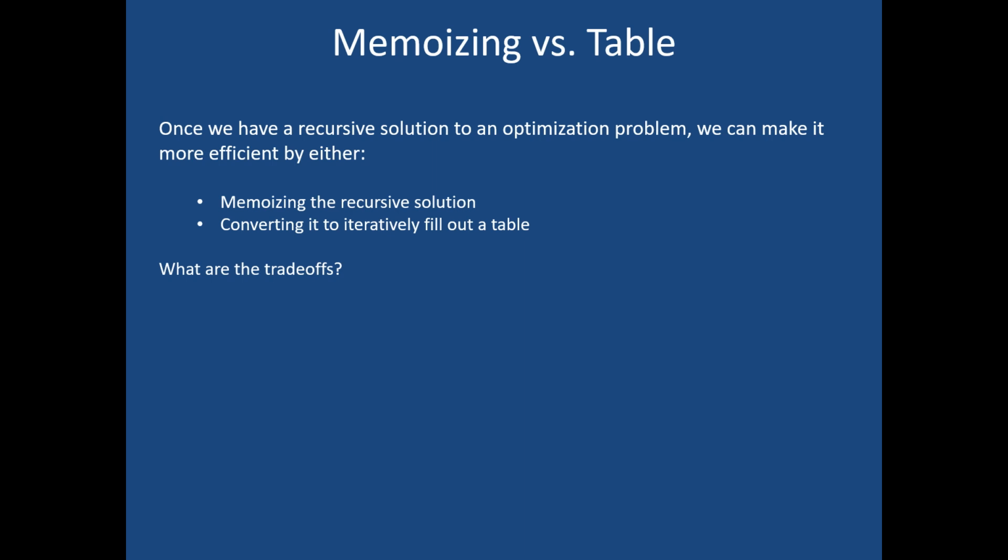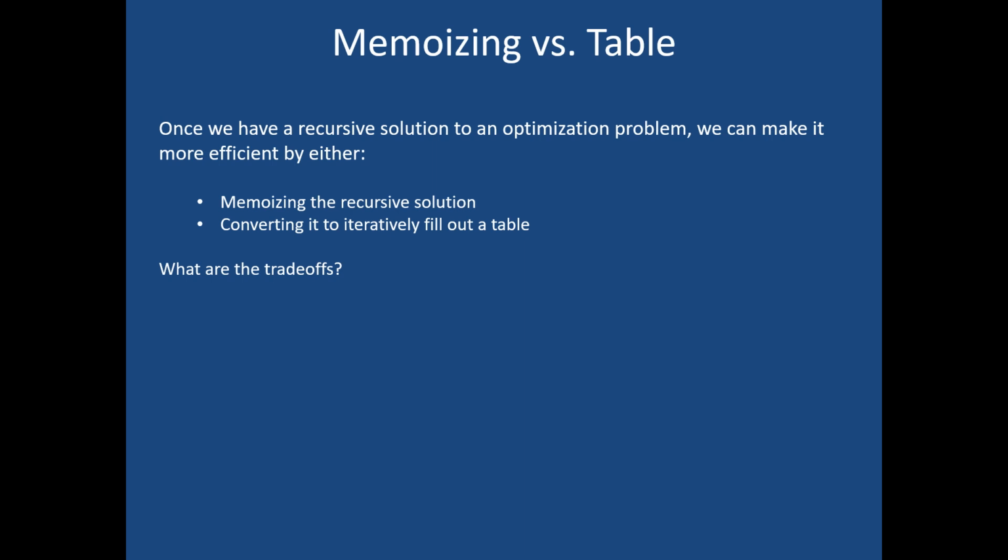In other words, create a cache and, when you enter the recursive method, see if you've already computed that answer, and if so just return it. Otherwise, after you compute the answer, you save it. That's one option. And the other is to, instead of keeping the recursive solution, view the recursive solution as instructions for how to fill out an array iteratively, and then fill it out. And don't do recursion at all.